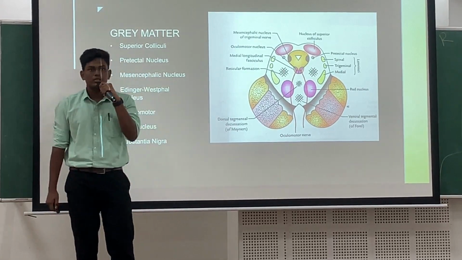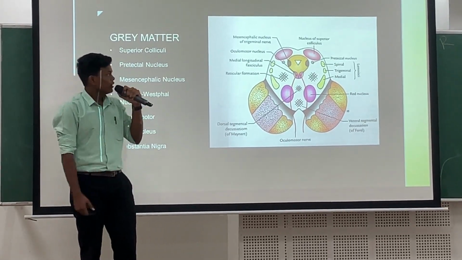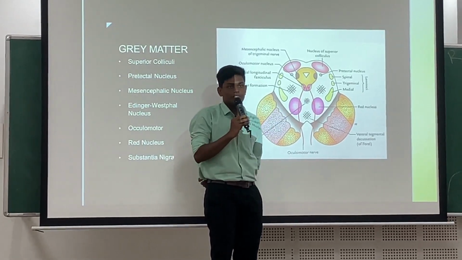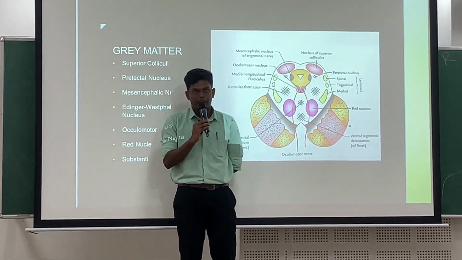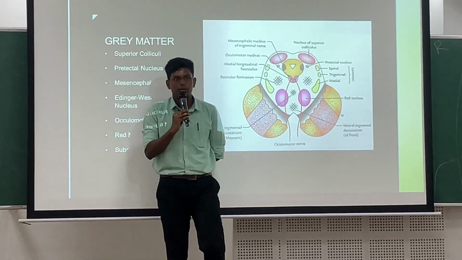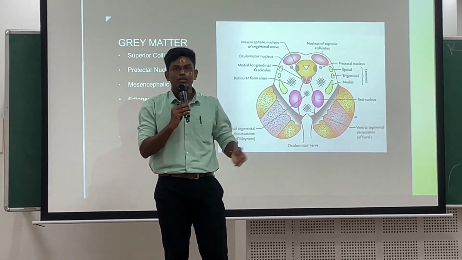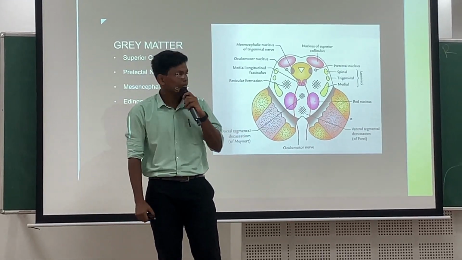The pretectal nucleus is a unique nucleus present in the midbrain, which has many functions. It receives afferent fibers from the optic tract, and it gives fibers to the Edinger-Westphal nucleus, which is the parasympathetic component of the oculomotor nerve.